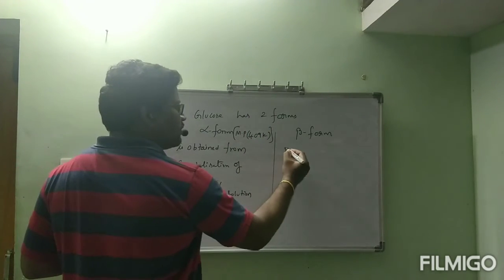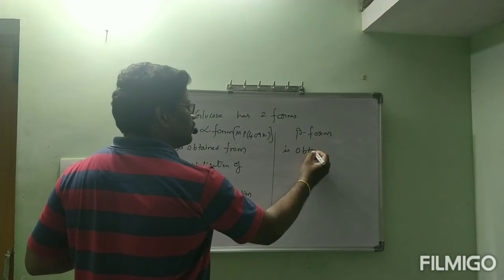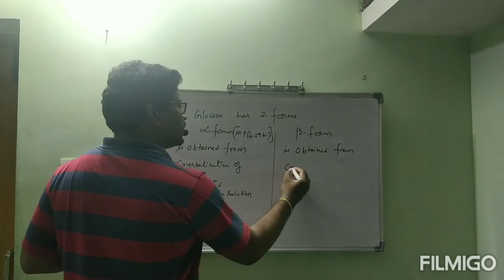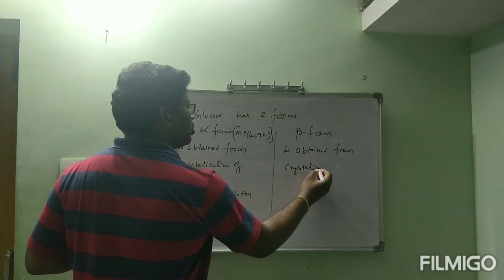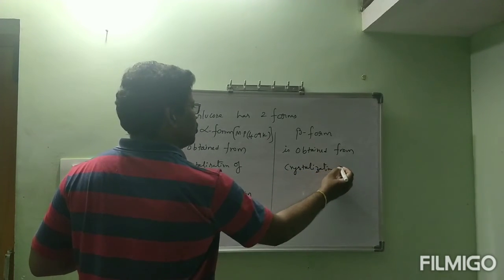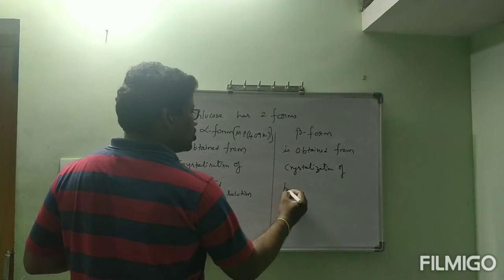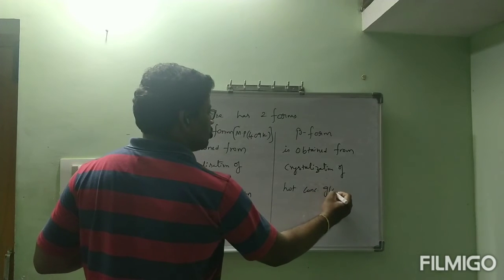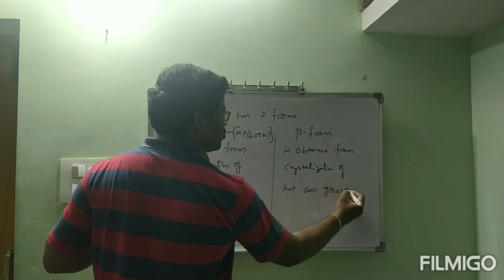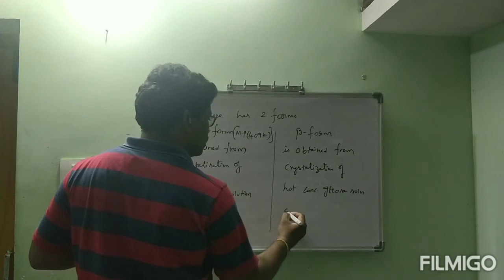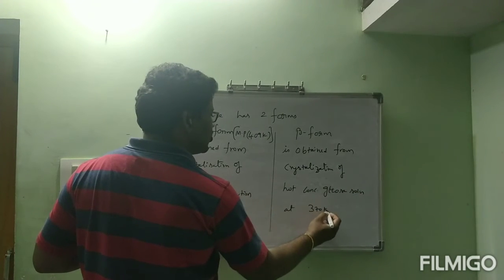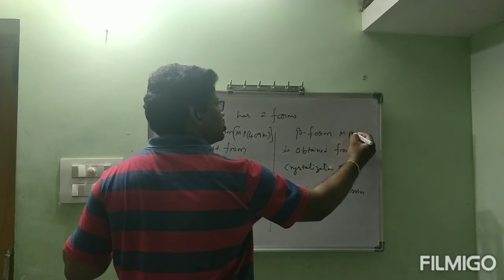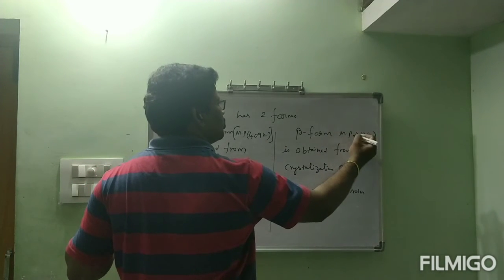Beta form is obtained from crystallization of hot concentrated glucose solution at around 370 Kelvin. The beta form melting point is 413 Kelvin.